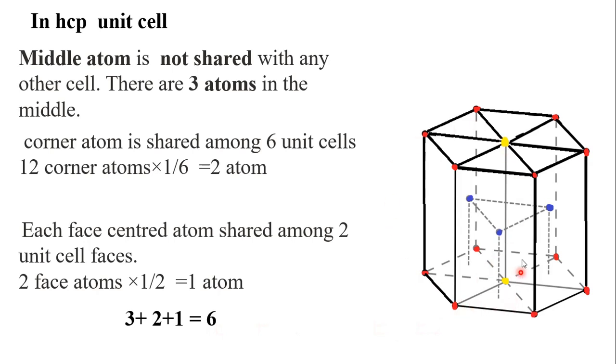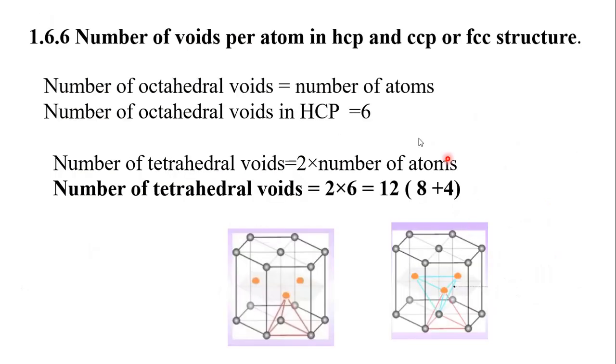So this hexagonal unit cell contains a total of 6 atoms. And as 6 atoms are there, you know the relation: the number of octahedral voids is equal to the number of atoms. So the number of octahedral voids in HCP is 6, and the number of tetrahedral voids is equal to 2 into the number of atoms. So the number of tetrahedral voids is 2 into 6, that is equal to 12.